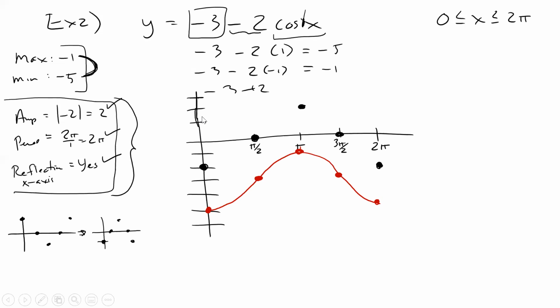Okay, so let's start changing things up just a little bit here. All right, and also looking at the time, we might not get to the other one here. So let me think of something from the top of my head here. 3 cosine of 2x plus 1.